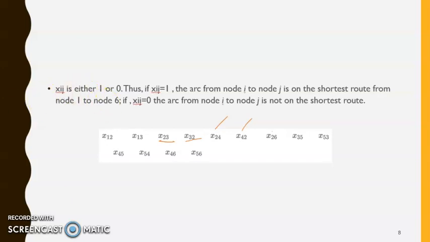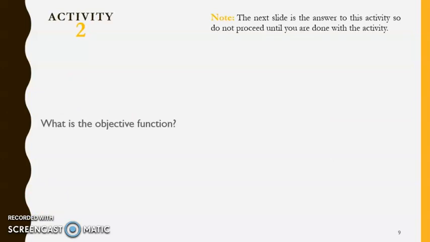Next step, like the previous cases that we have had, is the objective function. What is the objective function? We know the objective function in this example is minimizing the distance. So when we want to write the objective function, we should find a combination between all of the decision variables that we have and the values associated with them.